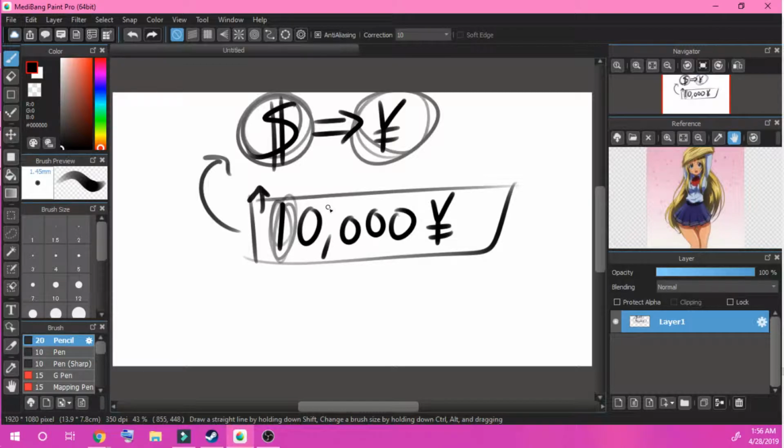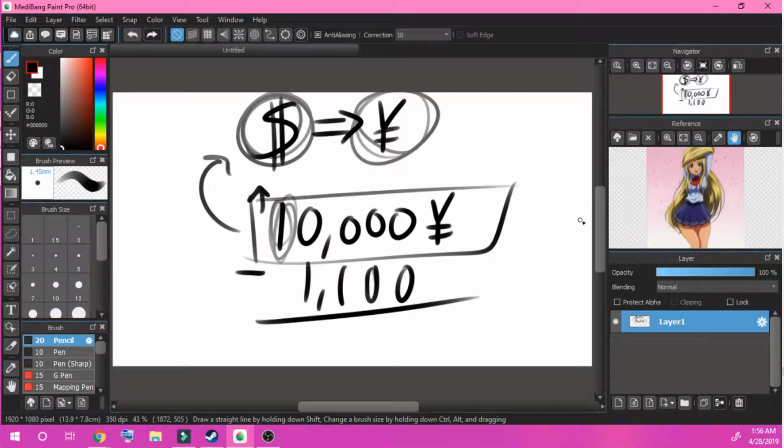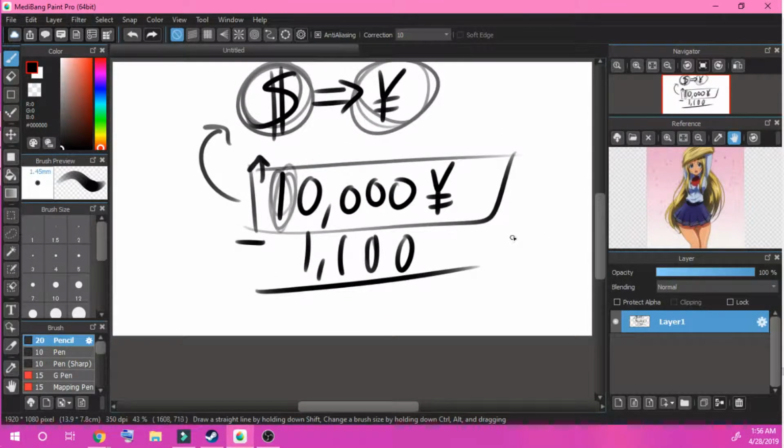In this case, with 10,000 yen, we subtract $1,100, and we get, I believe, around 8,900. Remember how I said before about those pennies? We're still in yen right now, we haven't converted all the way over.